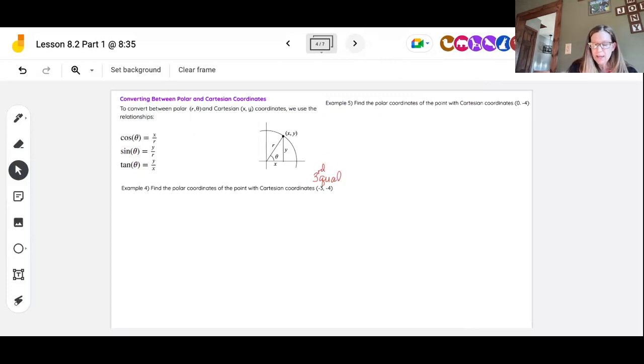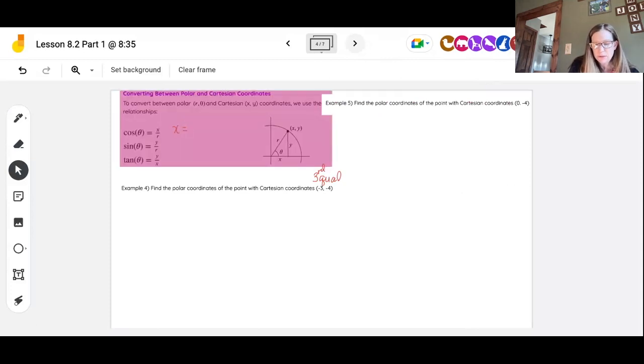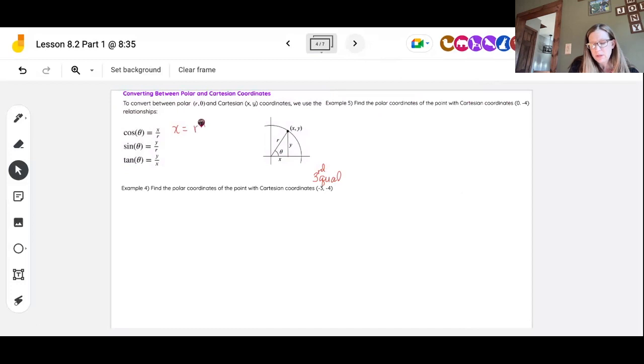Well, utilizing any one of our equations such that x is r times cosine of theta and y is r times sine of theta, and of course just bringing these over, x squared plus y squared equals r squared. Well, if I'm going to put anything back into polar coordinates, I definitely need both r and theta, both of which I don't have.